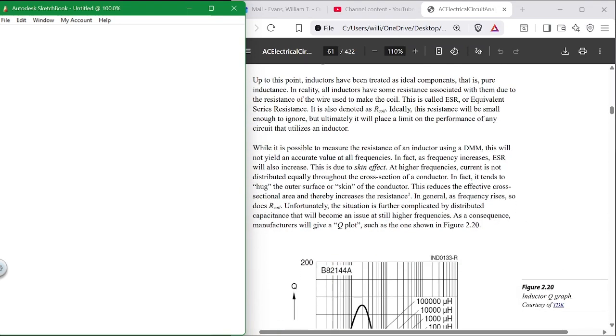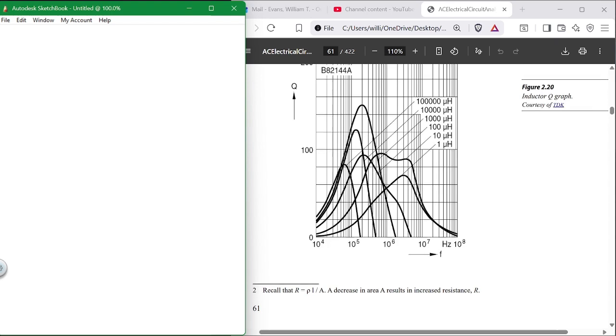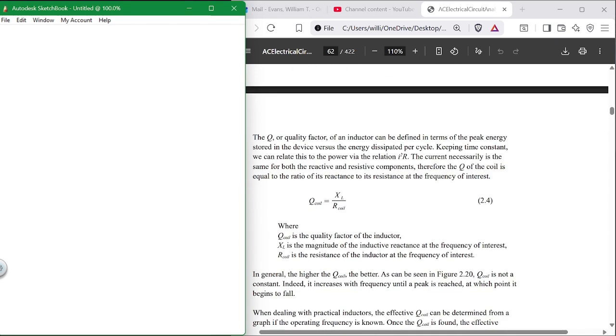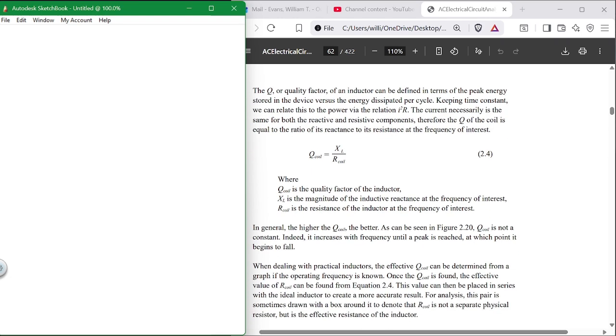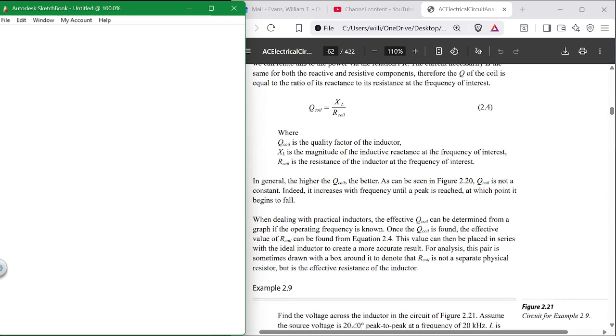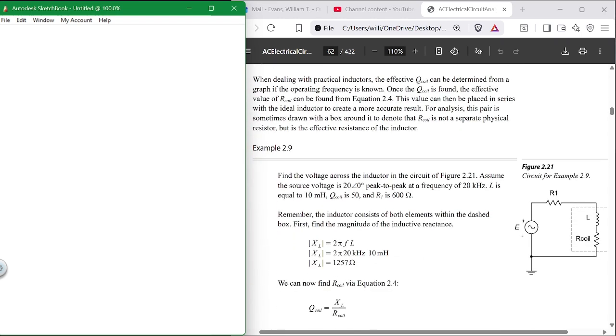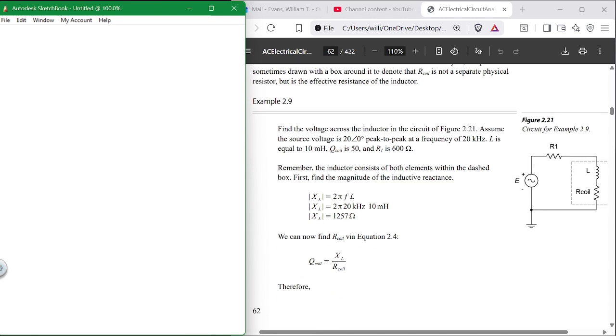Practical inductors. Practical inductors do not have just inductance or just impedance. They have a resistance as well. So every inductor has this and this. And their quality is a relative term based on the Q. So it's X sub L over the R coil.